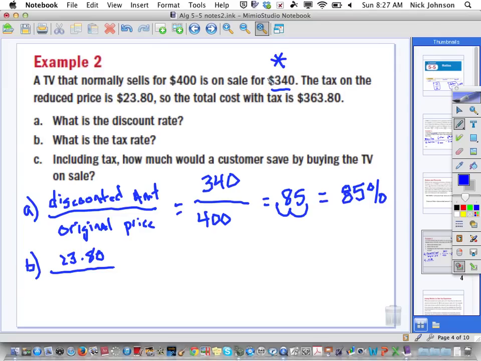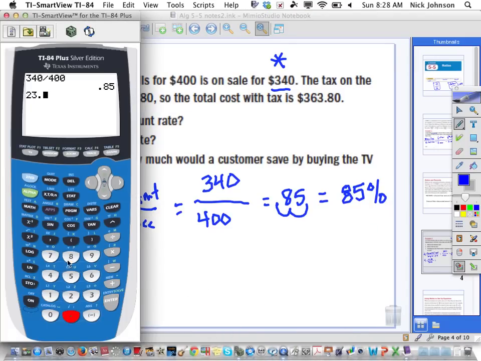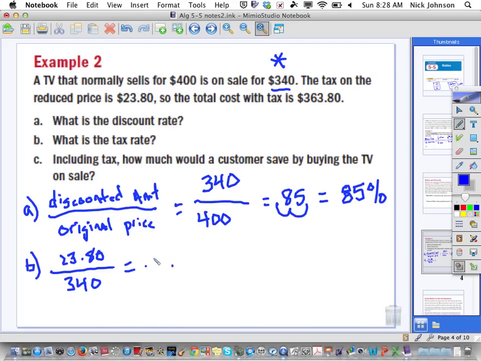So this is my selling price, $340. Okay? So once again, go to your calculator. 23.80 divided by 340. And you get 0.07, which is equivalent to 7%.